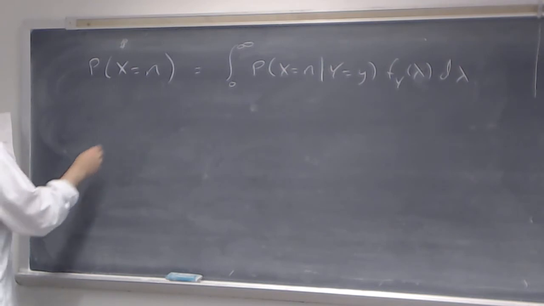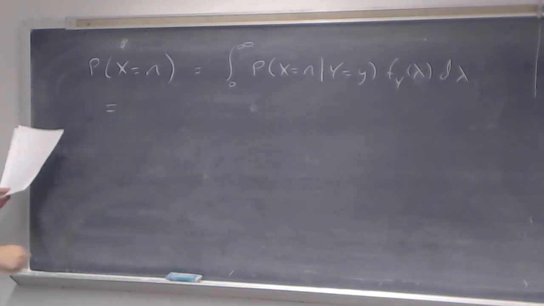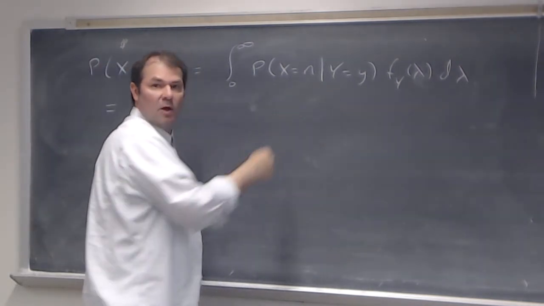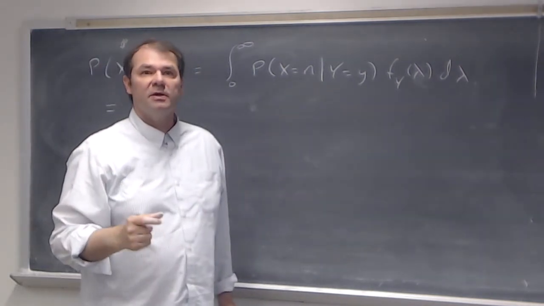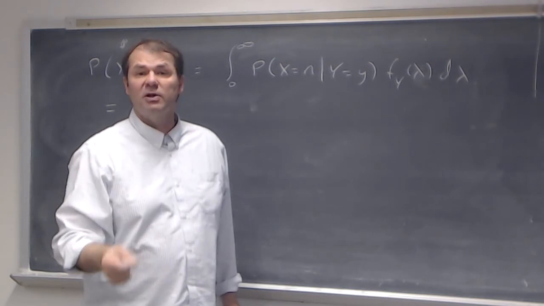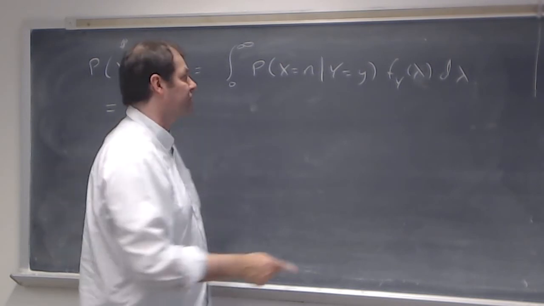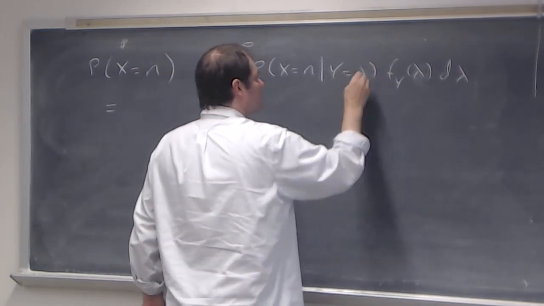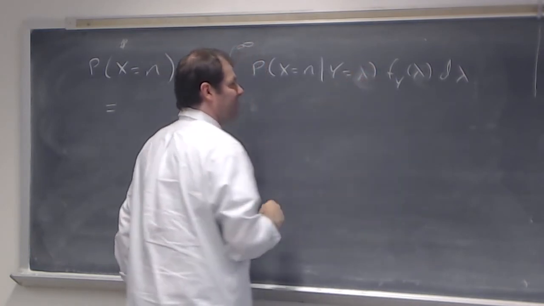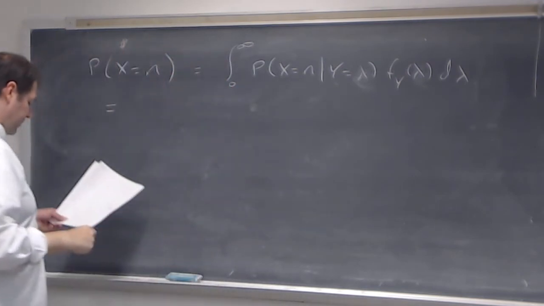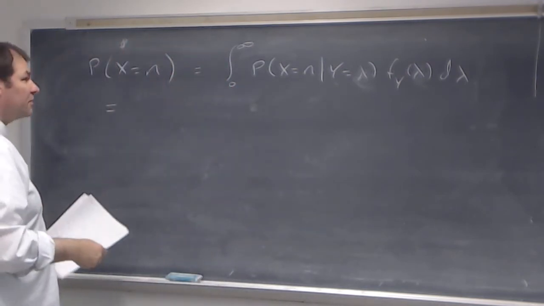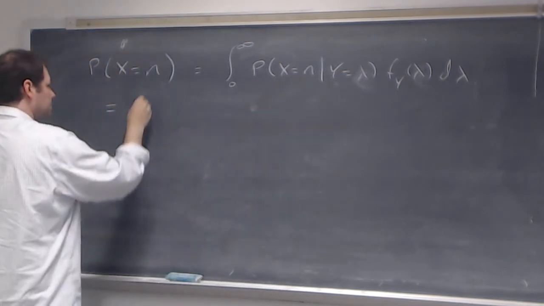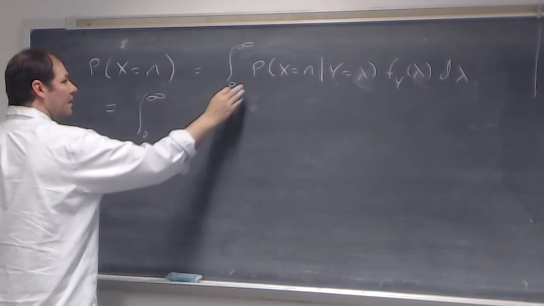Okay. Now that's equal to, okay, so here this conditional probability, you might remember, we talked about sometimes computing conditional probabilities is easy by putting ourselves in the given situation. So we're saying that Y is equal to lambda here. With that being the case, what's the probability X is equal to n? So we have an integral from 0 to infinity.